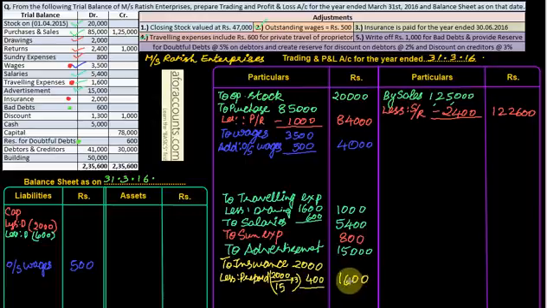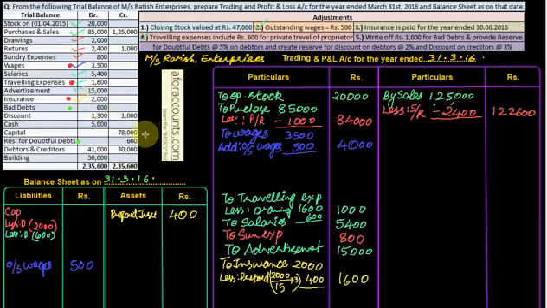So prepaid insurance is my asset. So keep it in the asset column, prepaid insurance, 400. Insurance adjustment also done.